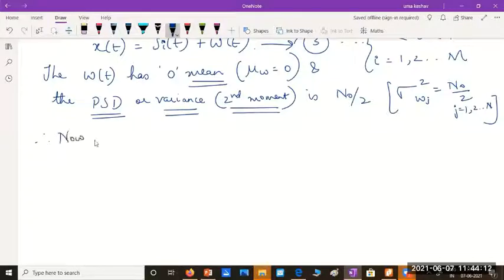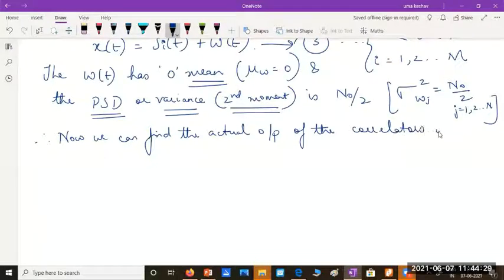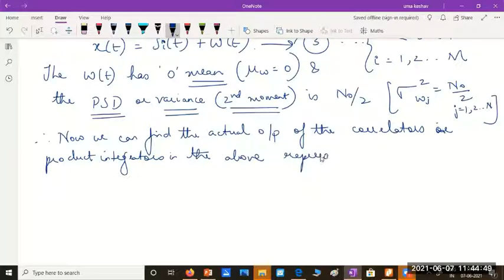Therefore, now we can find the actual output of the correlators or product integrators in the above representation, as say x1, x2, x3, and so on.